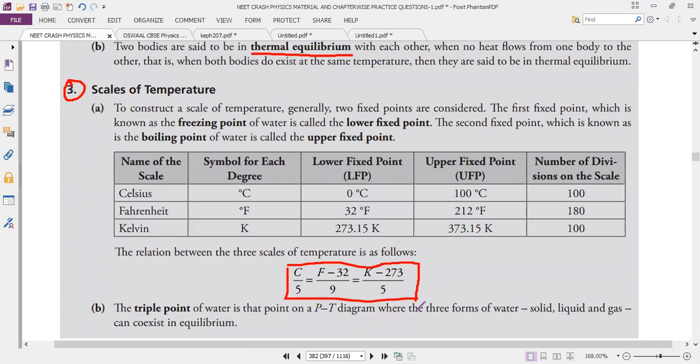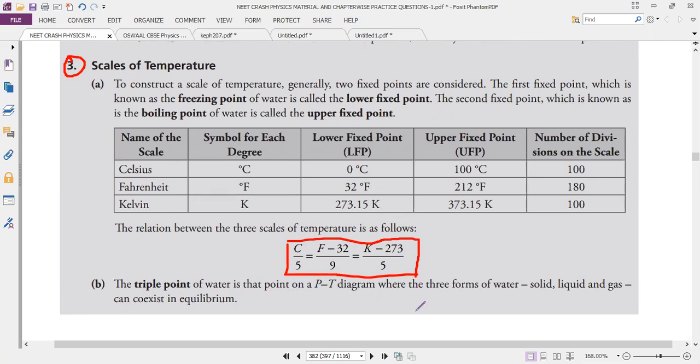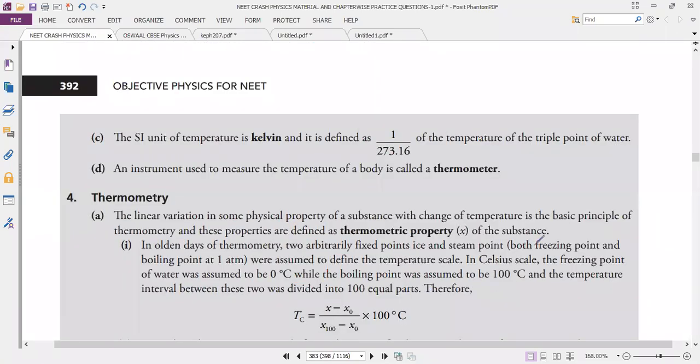Next one, triple point means solid, liquid, and gas can coexist in equilibrium. It is the triple point. The SI unit of temperature is Kelvin. We define the Kelvin as 1 by 273.16 of the temperature of the triple point of water.